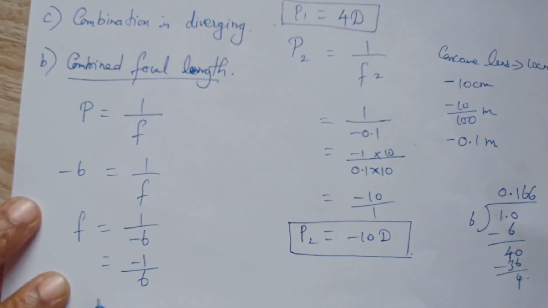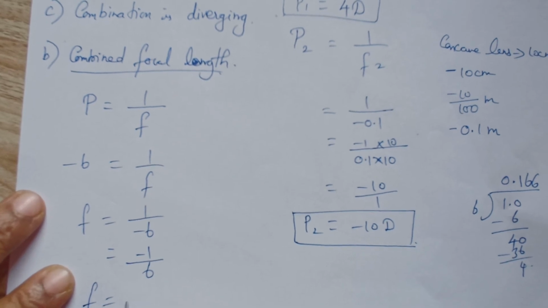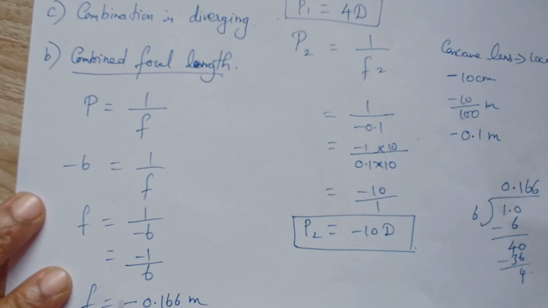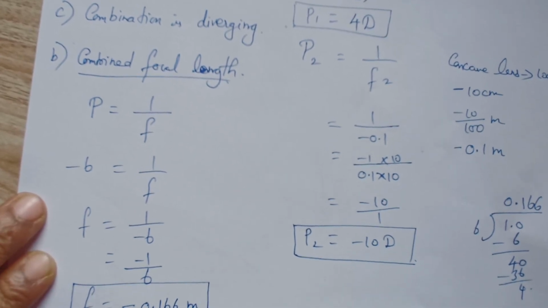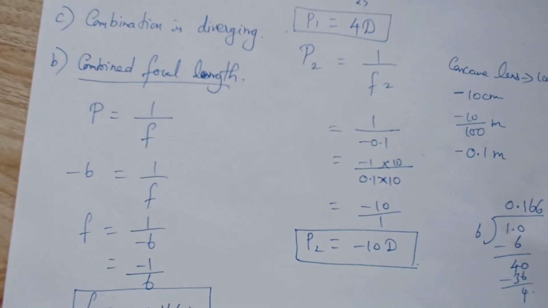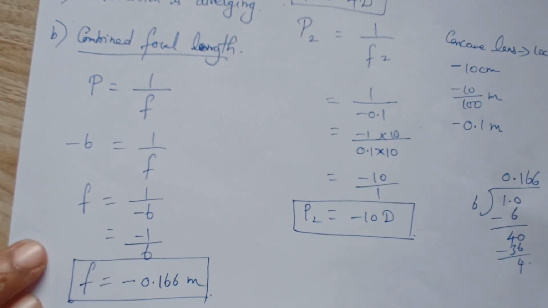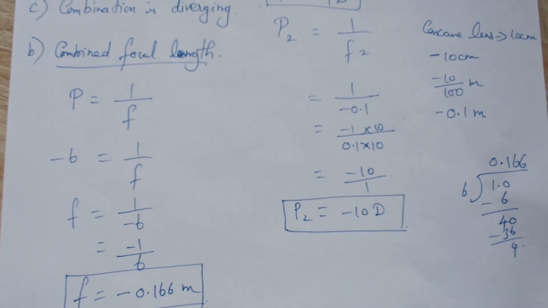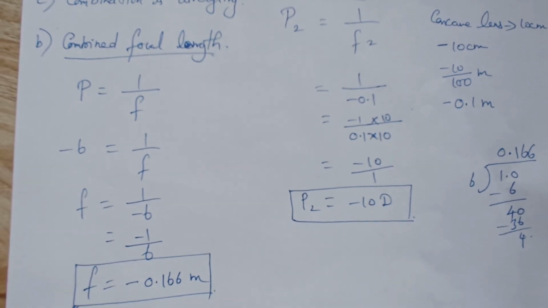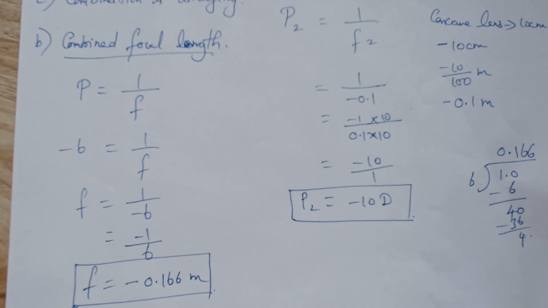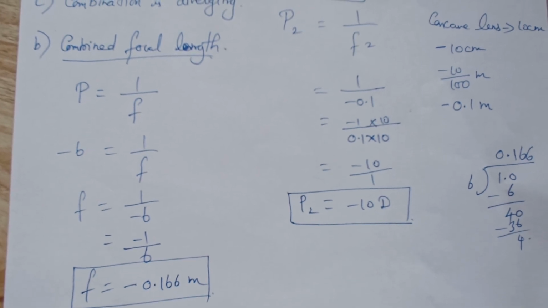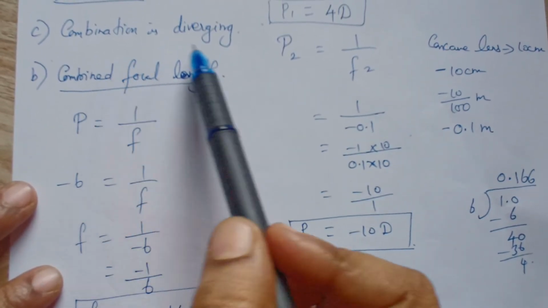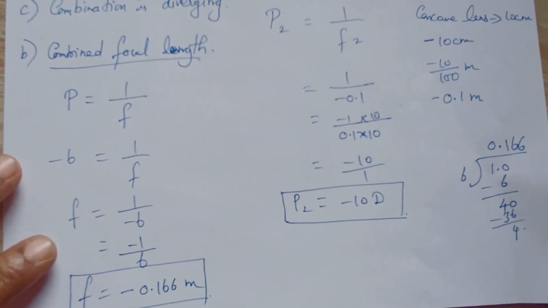So f is equal to minus 0.166 meters. This shows that the focal length is negative, so your net effect will also be diverging. Only a concave lens gives diverging rays, and the combination is diverging. Clear on this? Thank you.